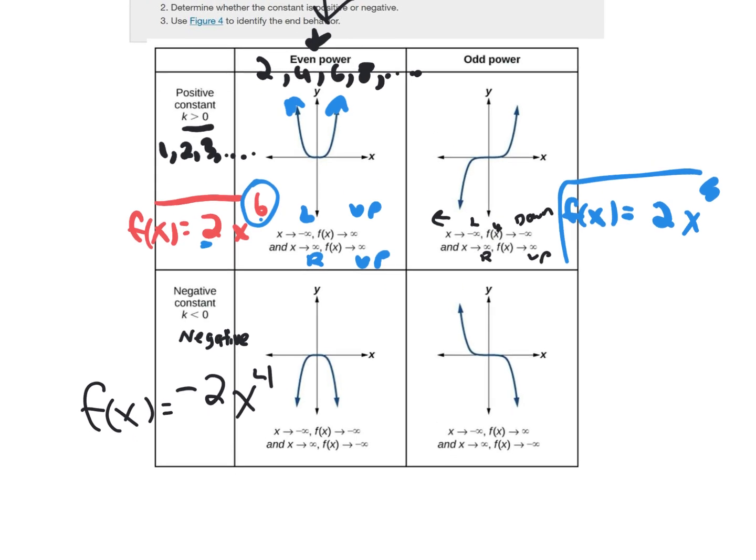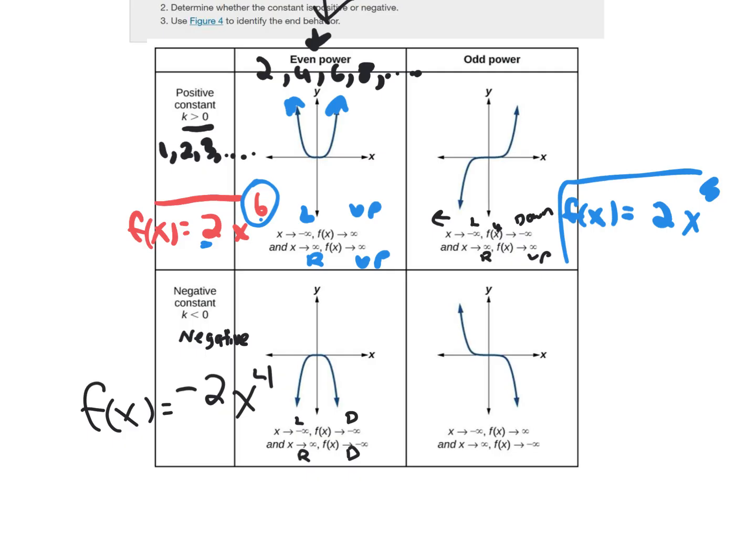More important than that, what am I saying? Now with those conditions, as x goes left, the y values go down. As x goes to the right, the y values go down. Did you see a pattern here so far?